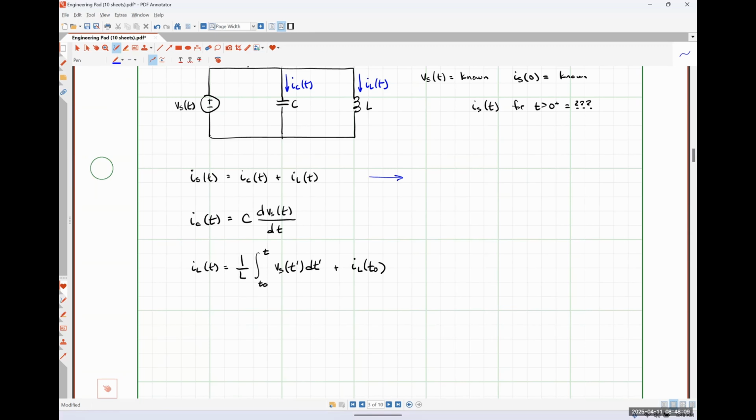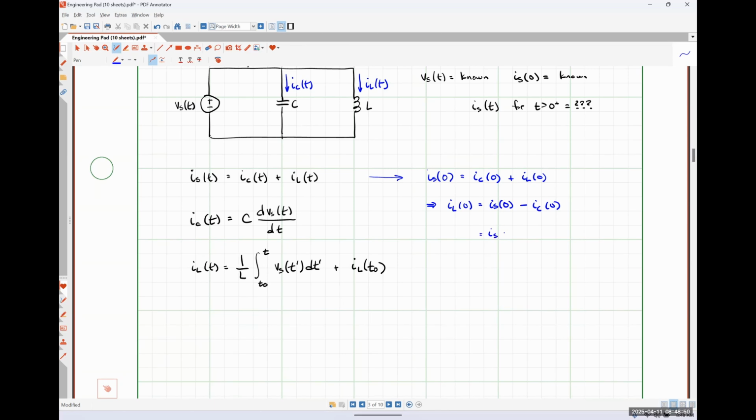If Kirchhoff's current law, IS is equal to IC plus IL, has to be valid for all points in time, then it has to be valid at t equals 0 as well. So essentially, I could say that IS at 0 is equal to IC at 0 plus IL at 0. Rearranging this tells me that IL at 0 is just IS at 0 minus IC at 0.